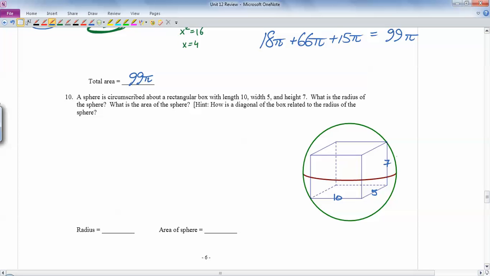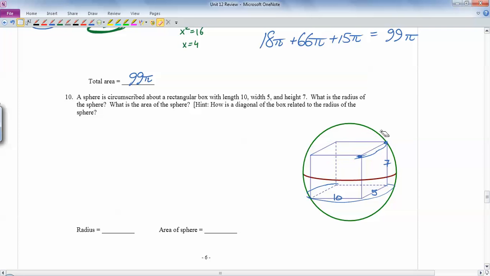Now, it's impossible to really draw this perfectly, but the idea is that this is actually touching the sphere. So all 4 of these points are actually on the sphere, just like down below, too. These guys would all be touching the sphere as well, those 4 corners on the bottom.